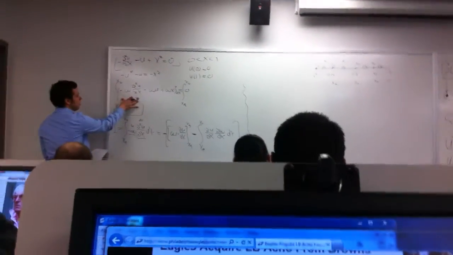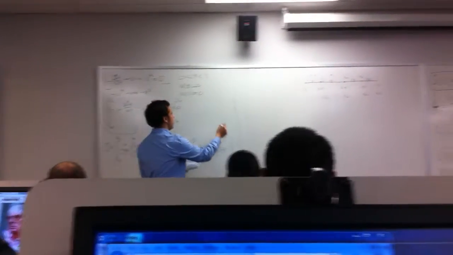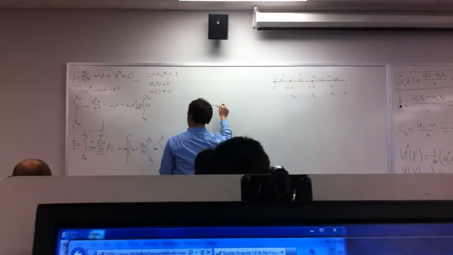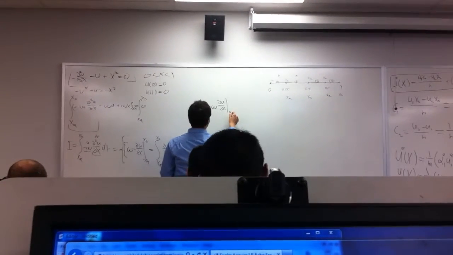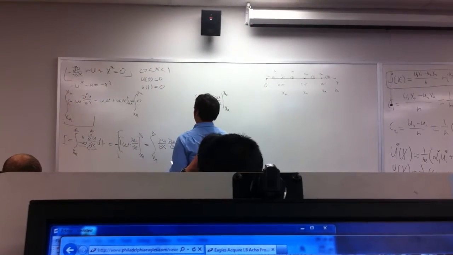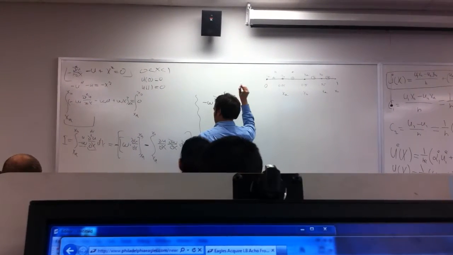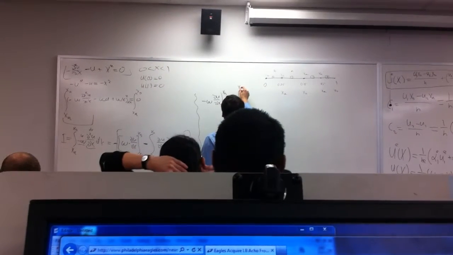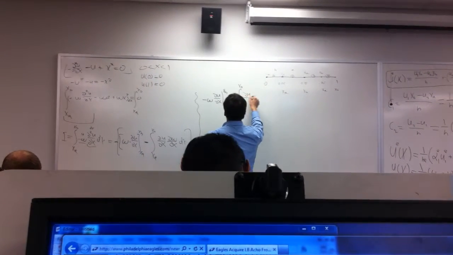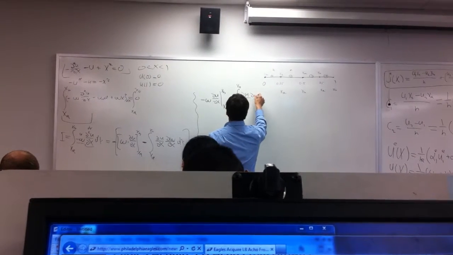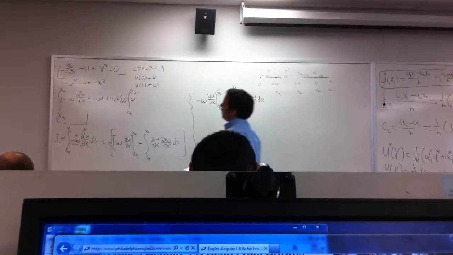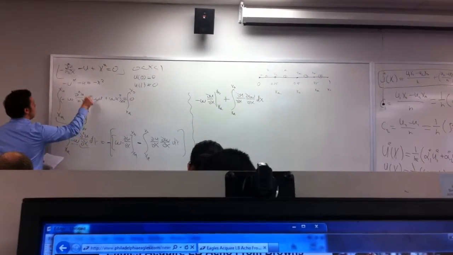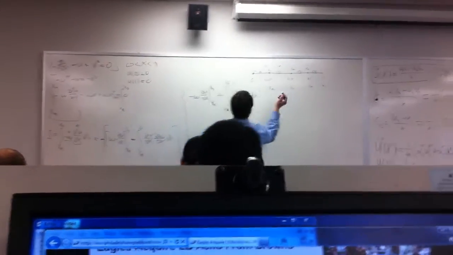So this chunk right here is going to be negative W u dx evaluated from xa to xb, plus the integral from xa to xb of du dx dw dx dx. Now let's integrate this term. So you can split the integral.